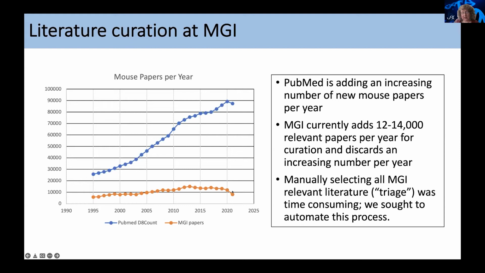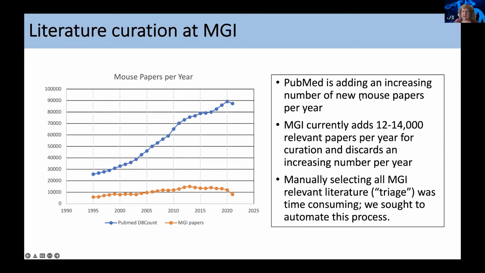The 2021 value is a little bit down because we haven't finished incorporating all of the 2021 papers yet, because we have a one-year embargo on access to a number of journals. But we see this every year, and I expect that that will rise up to a consistent level as we go through 2022.